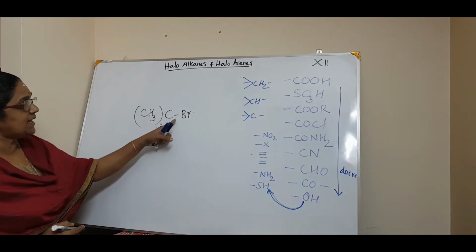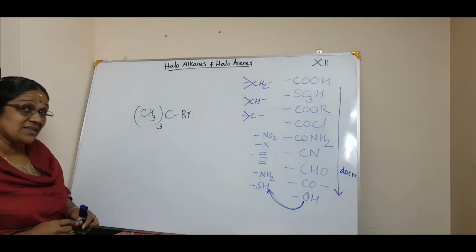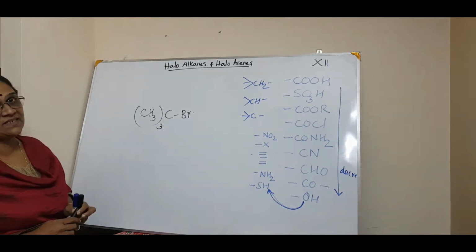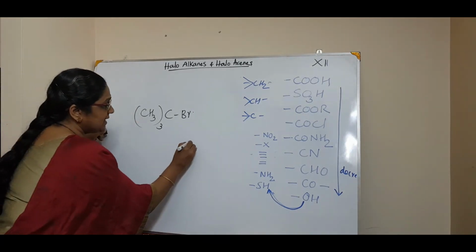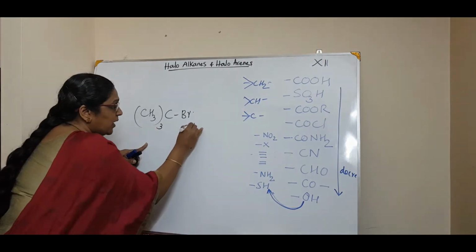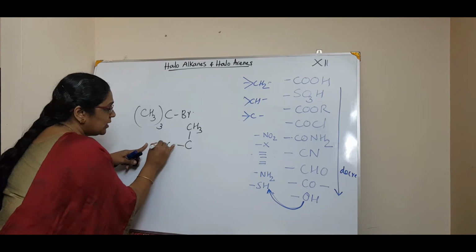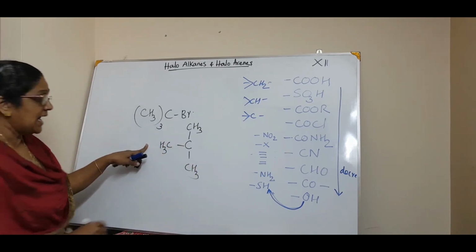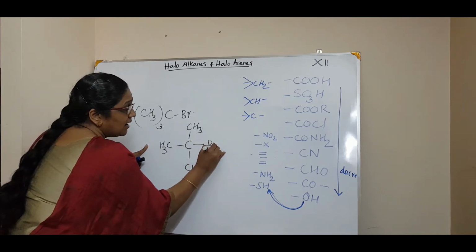Now as I already told you, when it comes like this, you have to expand it first, isn't it? So we will expand it. See, this is the C, with 3 methyl groups. So it will be 1, that is CH3, 2 again CH3, and 3 again CH3. And it is Br.